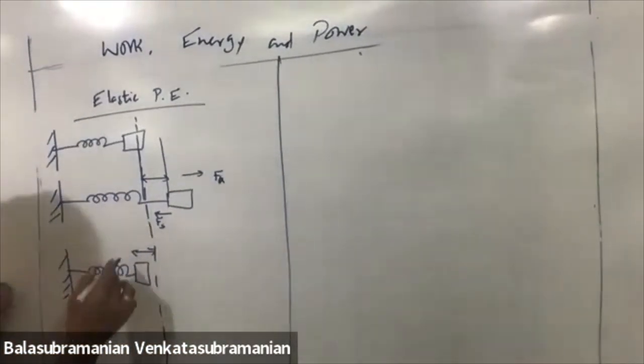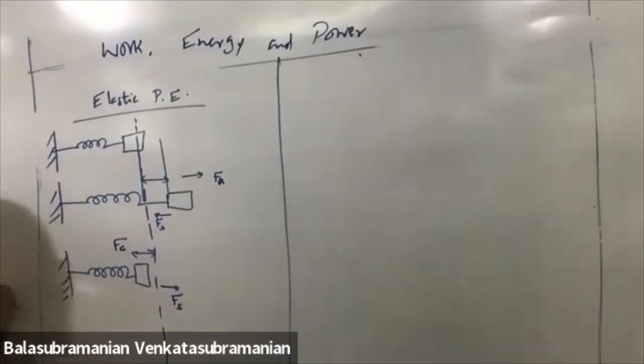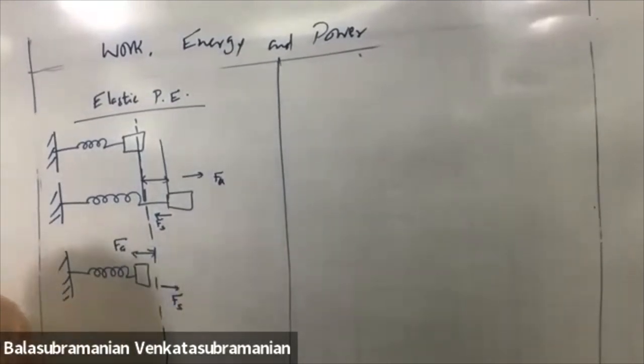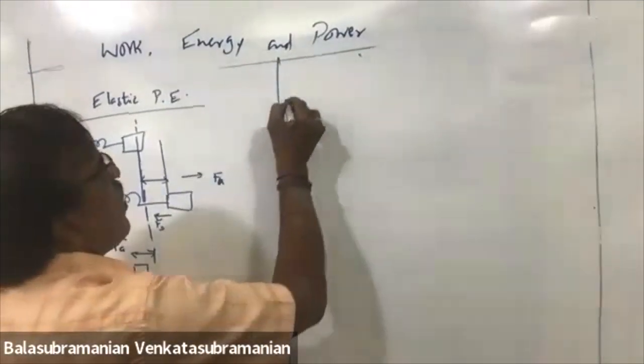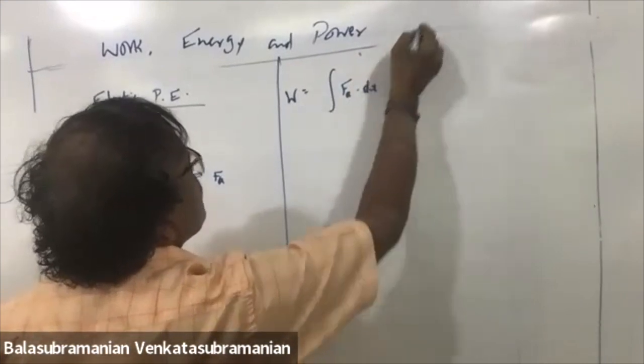Here this is the applied force, this is the spring force. So what is the work done formula? Work done is integral F_a dx.